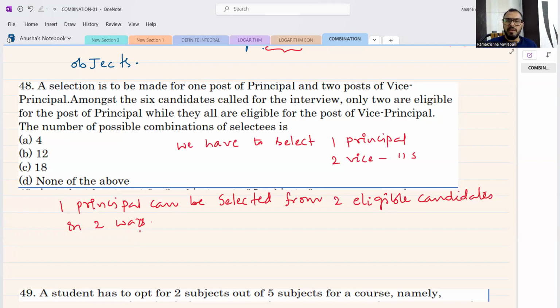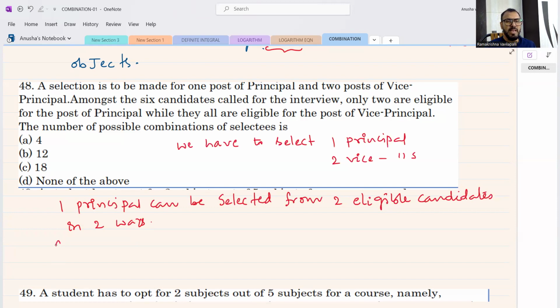Now, one person is already selected for principal. We called 6 candidates for the interview. Already a principal post is selected, so there are 5 members left. From those 5 candidates, we have to select 2 candidates.